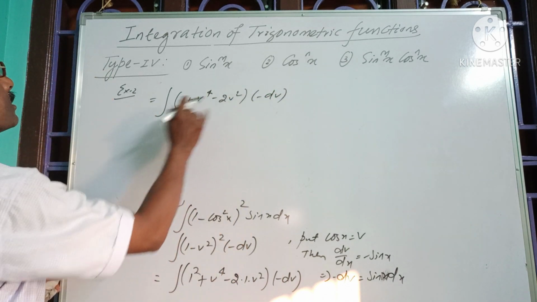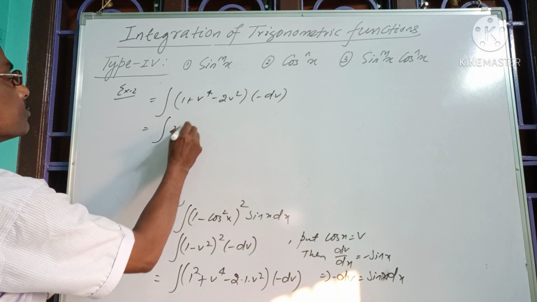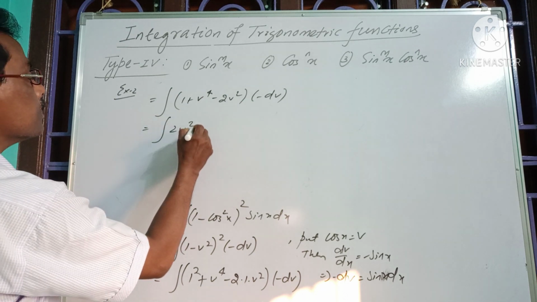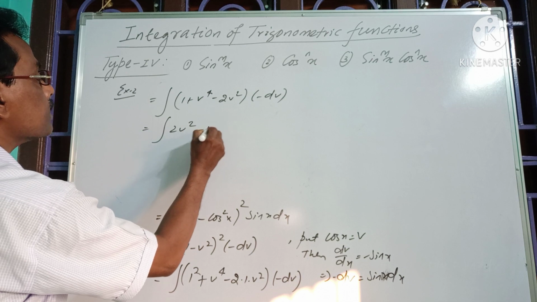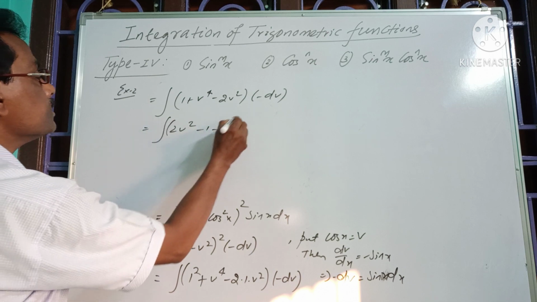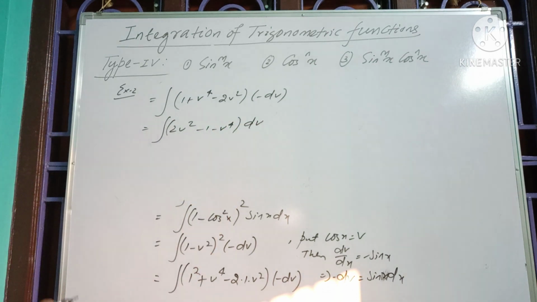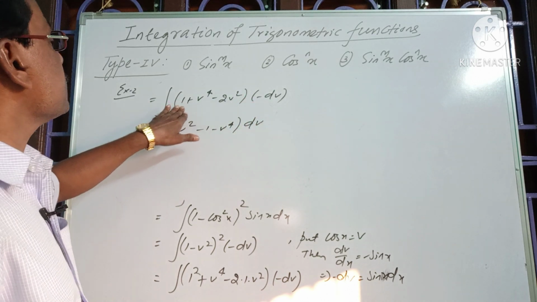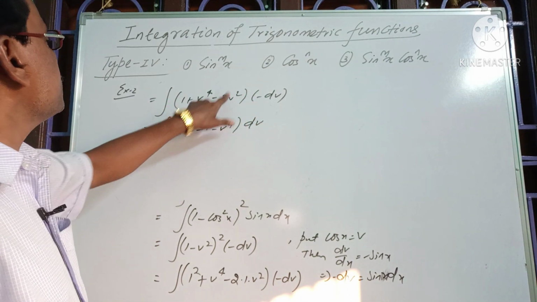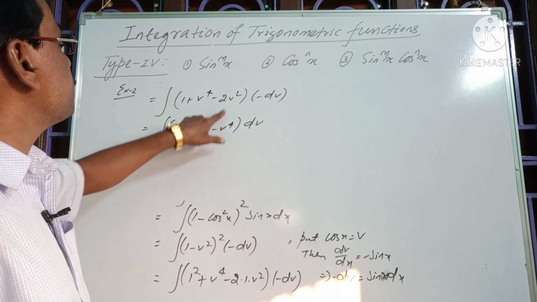So now multiplying the minus, we have integration of 2v square minus 1 minus v to the power 4, whole integration with respect to v.